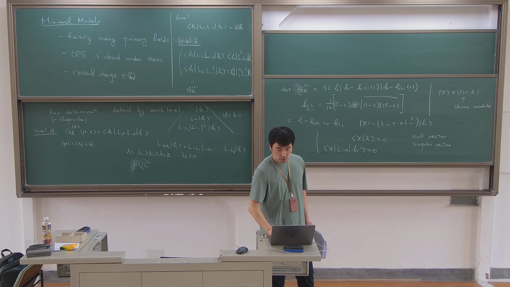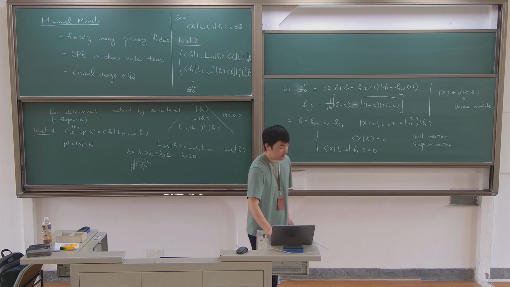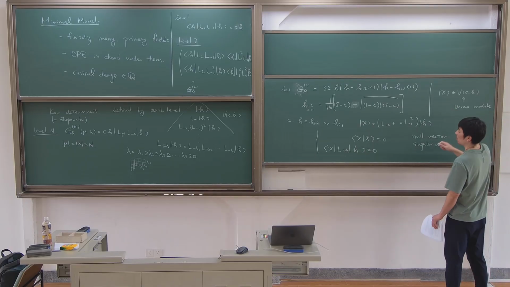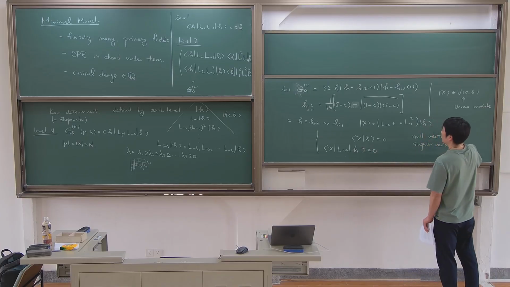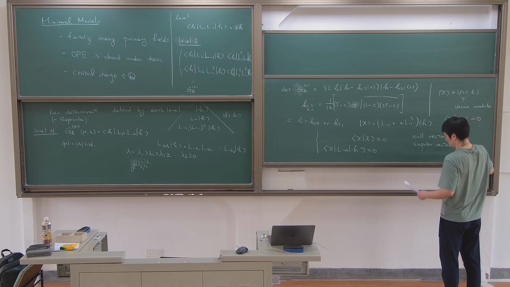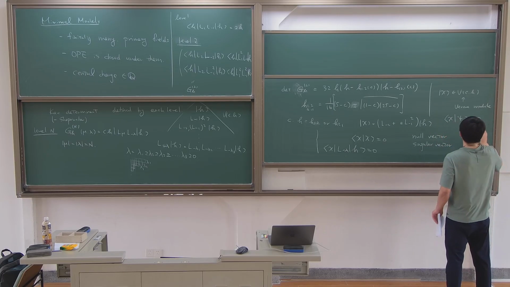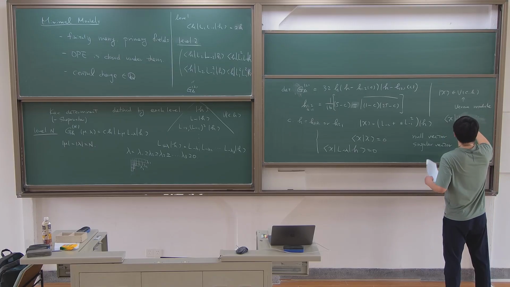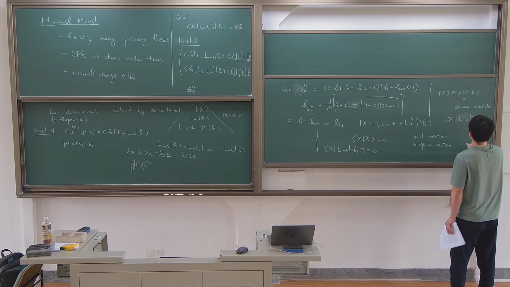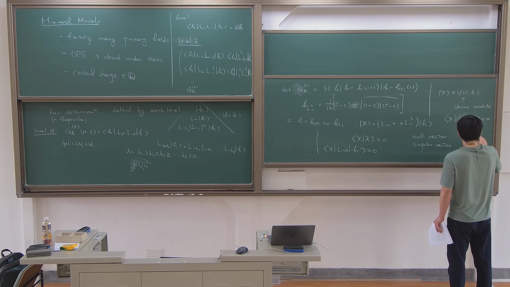Therefore, it's an infinite dimensional vector space. And this chi has the following property: any state in the boundary module can be written in this way, with L_n chi equal to 0, where n is greater than 1.